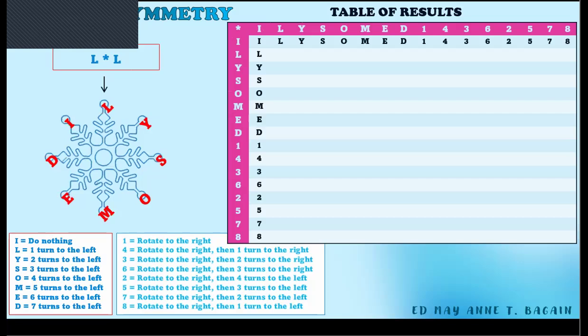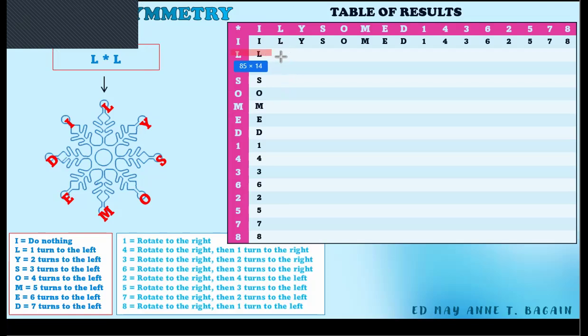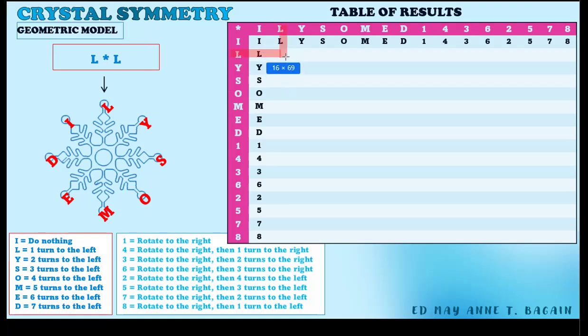Now let's move forward with the L star L, which is this one and this one. That is the next part that we will be applying. So let's see the answer. If we use L star L, which is one turn to the left and then one turn to the left, what would be the answer?